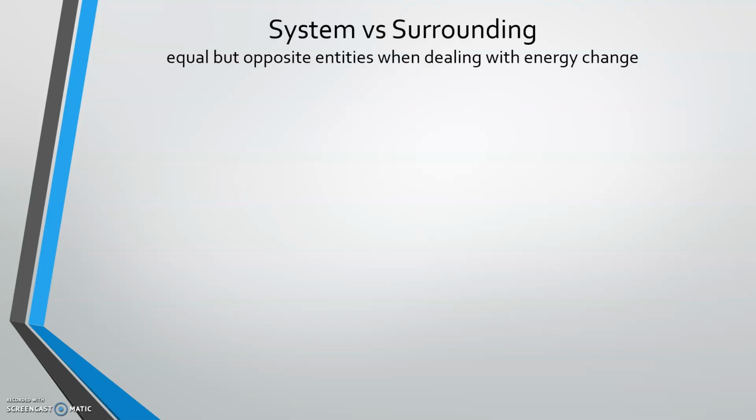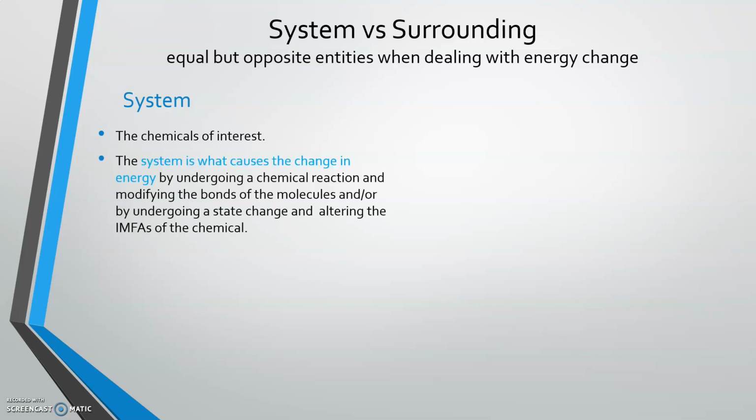All right, next set of terms is system versus surroundings. And these two are equal but opposite ideas when we're talking about energy change. If a system does one thing, the surroundings will do the opposite. So that's one thing that you want to remember. So for the system, it's usually the chemical that we're interested in, the material that's undergoing the chemical reaction.